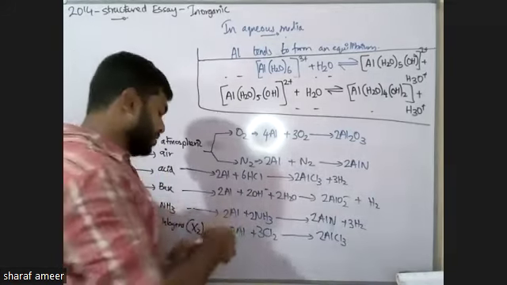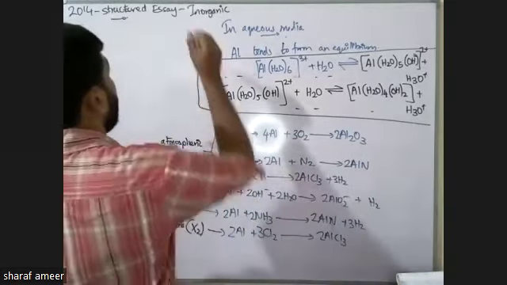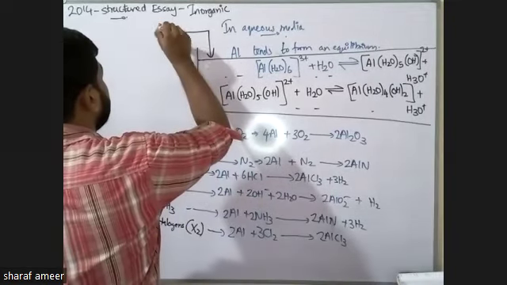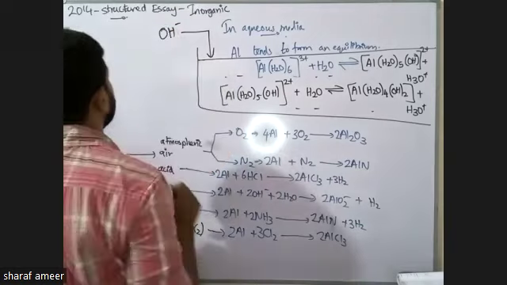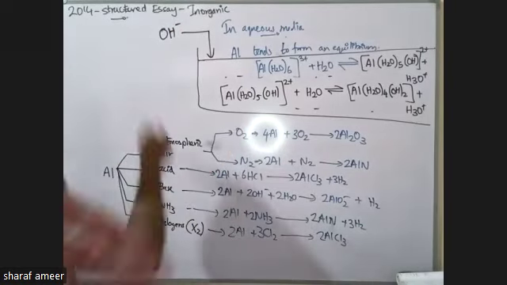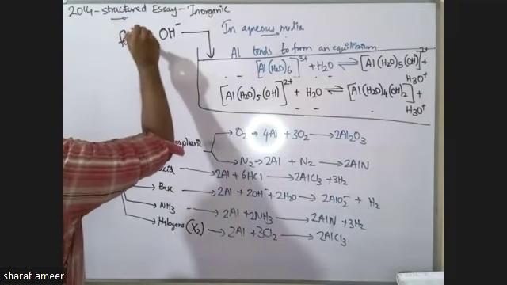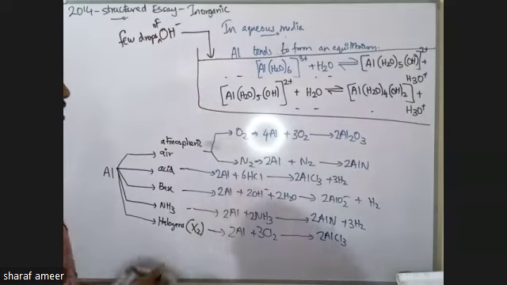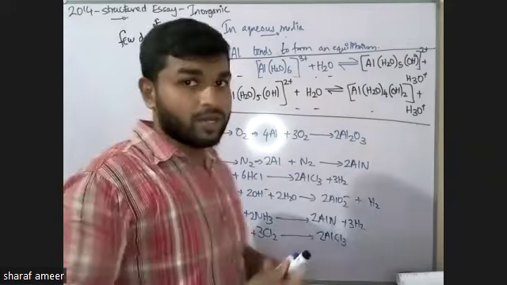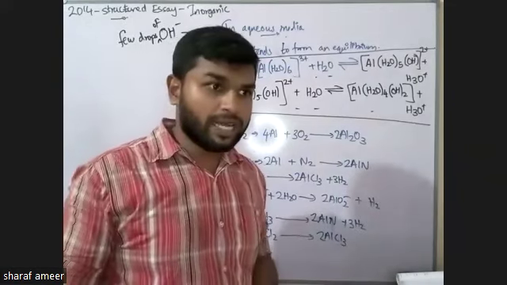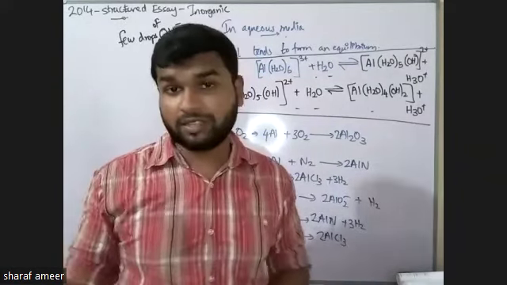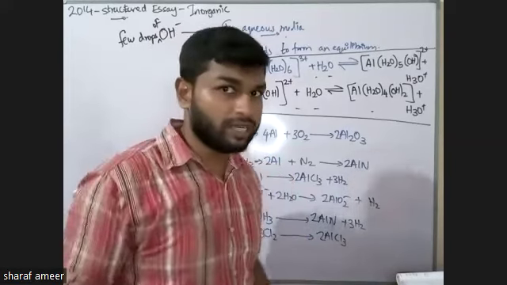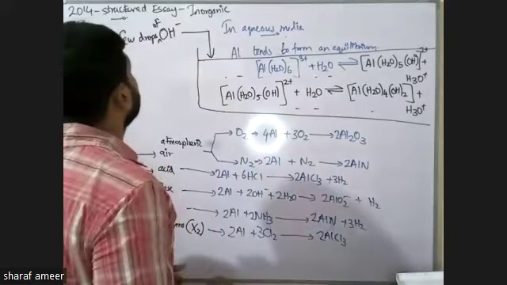So I'm going to add a few drops of OH minus, which means sodium hydroxide, it can be potassium hydroxide, barium hydroxide or strontium hydroxide. All those hydroxides are strong bases.